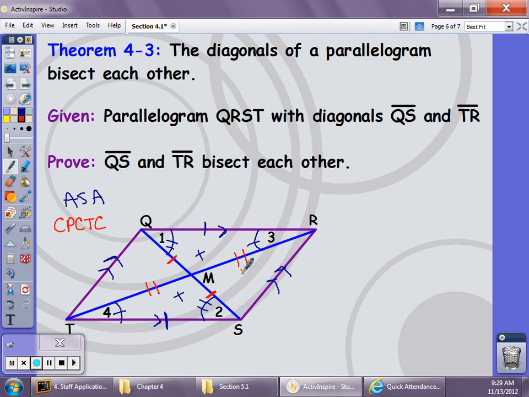So if QM is congruent to SM and TM is congruent to RM, we can say that QS and TR bisect each other based on the definition of a segment bisector.